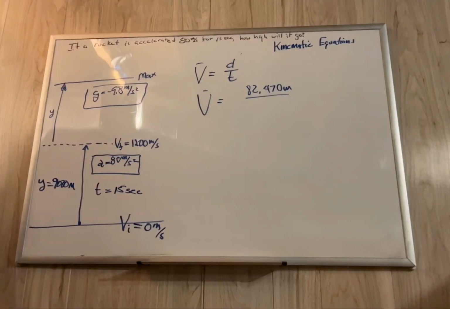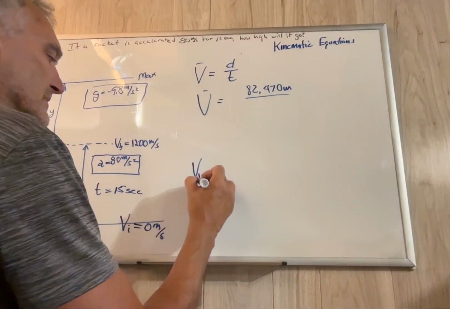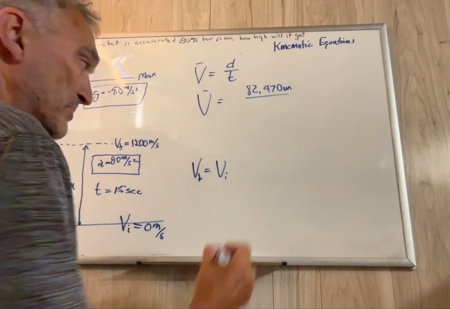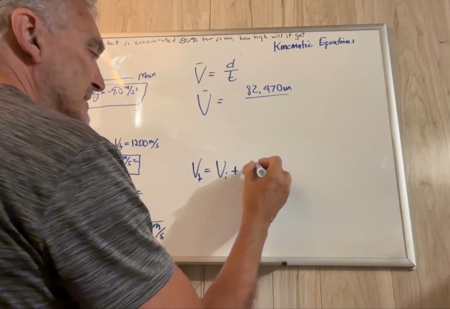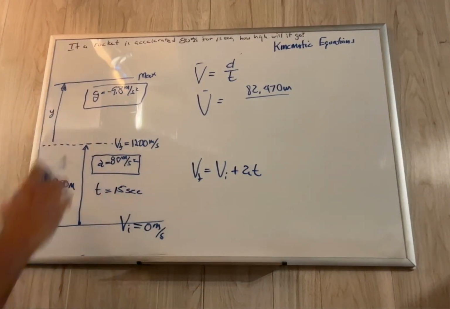I didn't find the total time. Let's try the total time. Where would we do that? Velocity final is going to be equal to velocity initial plus AT. Let's look at the first part, how long it took to go from there to there.